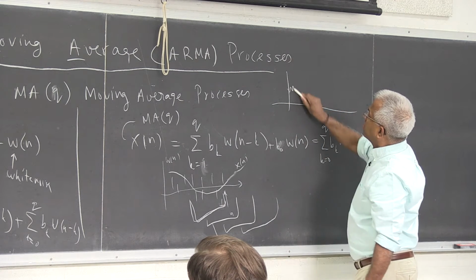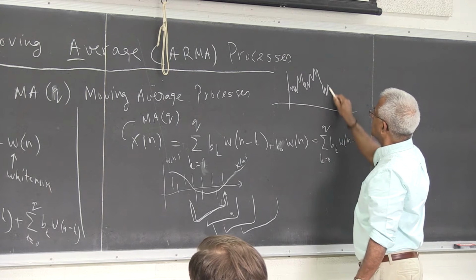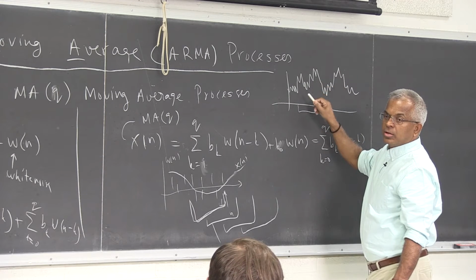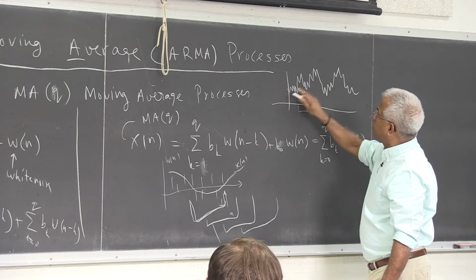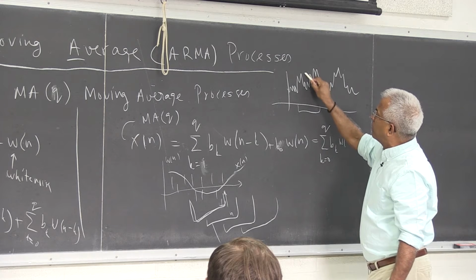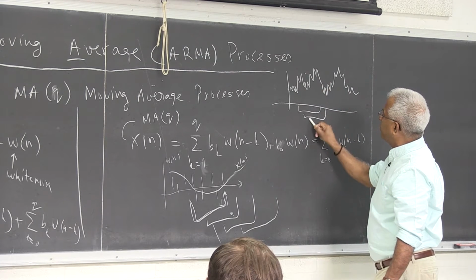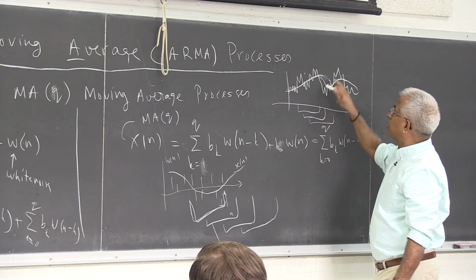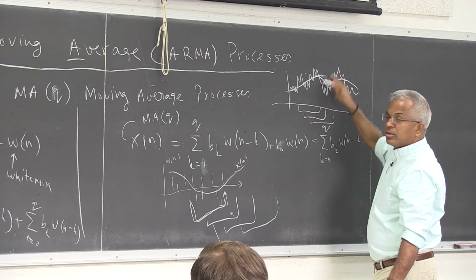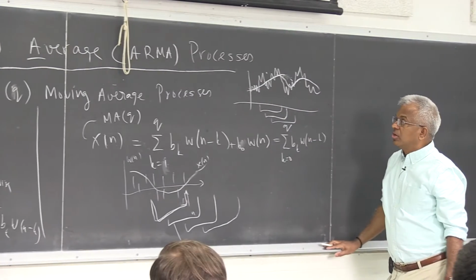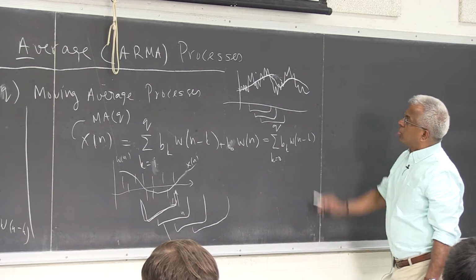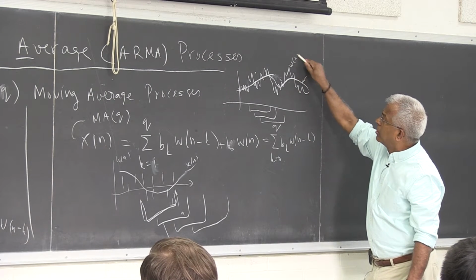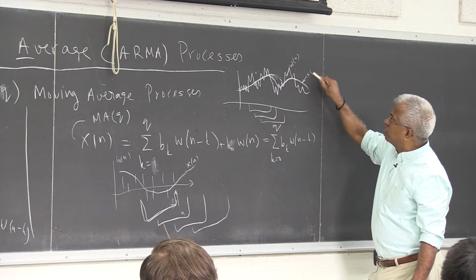For example, the stock values are like this. Take a 30-day window. You take all the values over the 30 days, average them, and you get one value. Then you move the window. So you're going to see a smoother version, and you can work with the smoother version rather than this jittery version. So this is a moving average version, where this is your w of n and this is your x of n.